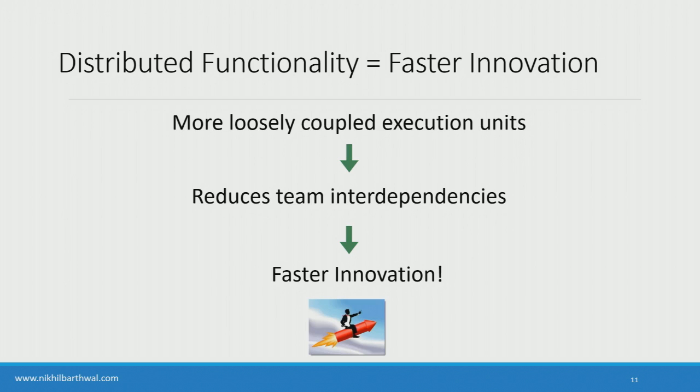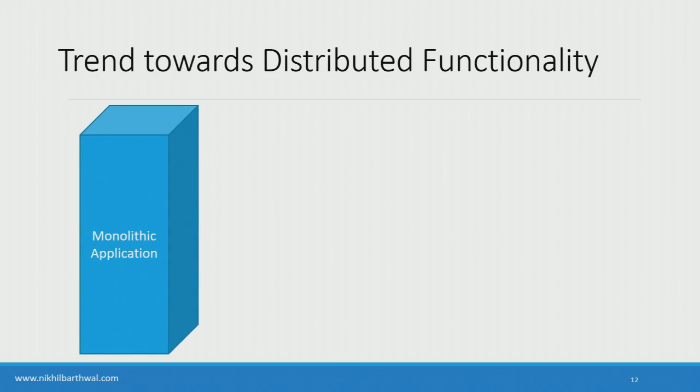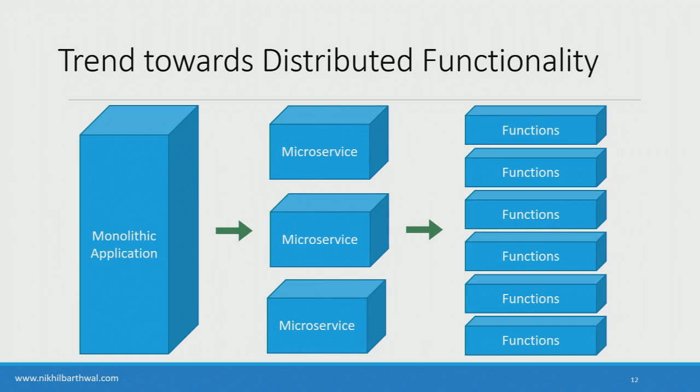That's the reason why when you move from monolithic to microservice, you experience an increased feature velocity, because you have distributed functionality. And you look at the trend, you had the monolithic, you had the microservice. Serverless is just one step beyond that. So it's basically an extension of a trend that we are already seeing in the market today.